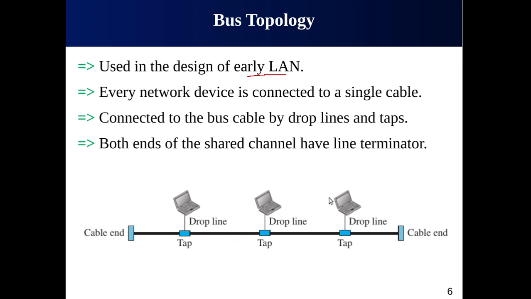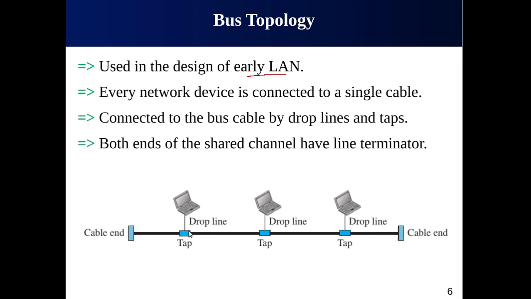So you can also say that all the devices share a single communication line or communication cable, and nodes are connected to this bus cable by drop lines. These lines that actually connect the nodes to the cable are known as drop lines.